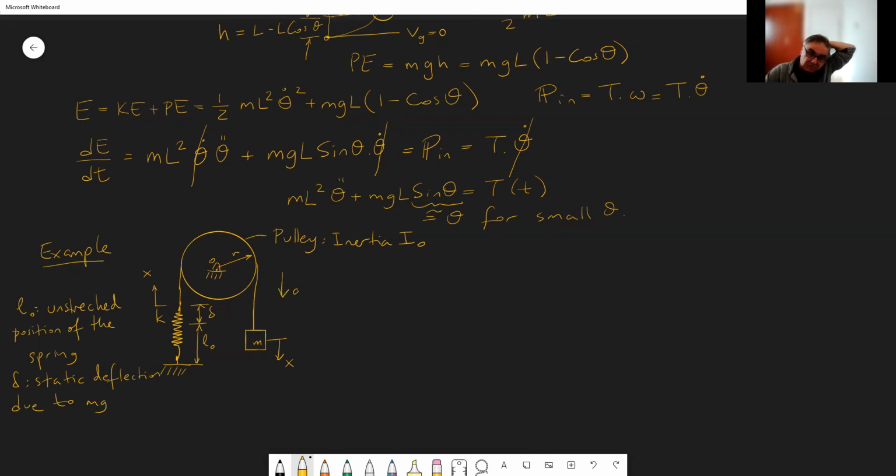There is a g, by the way, we didn't put that. And x is the deflection of the mass, and as you see, the x is measured from the static deflection point.